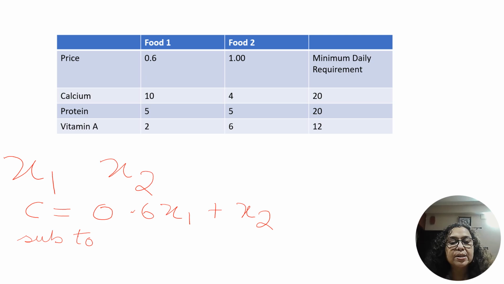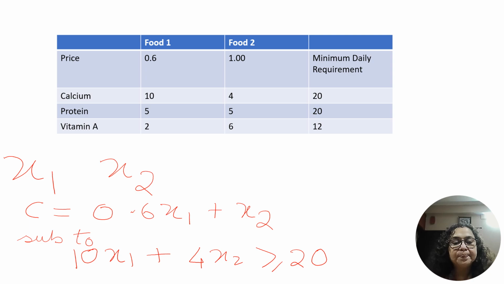The calcium constraint is 10x1 plus, from food 2, 4 units of calcium can be obtained, so 4x2. And that has to be greater than or equal to 20, because 20 is the minimum requirement.